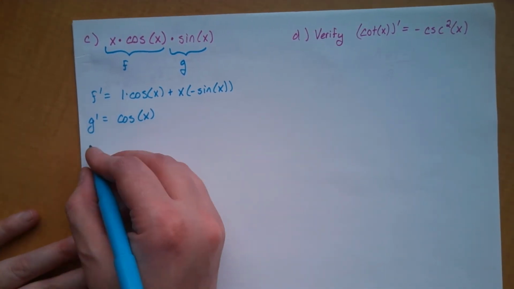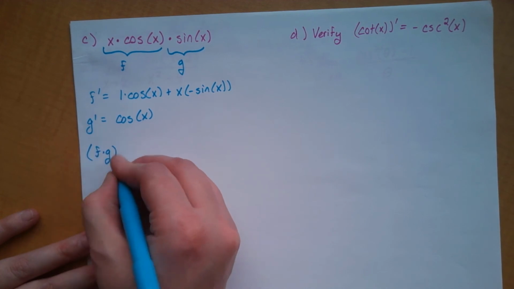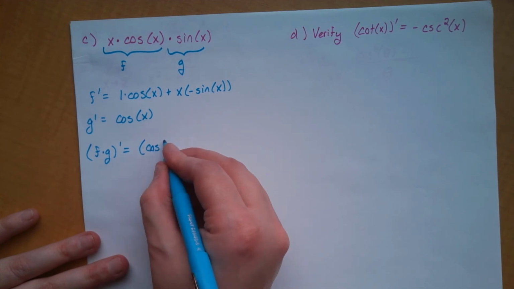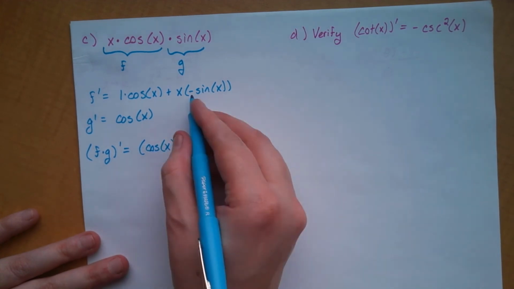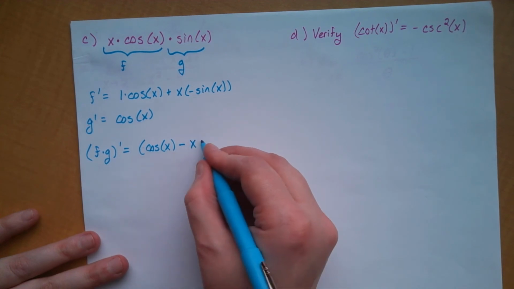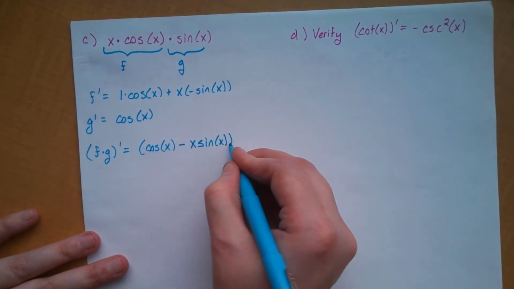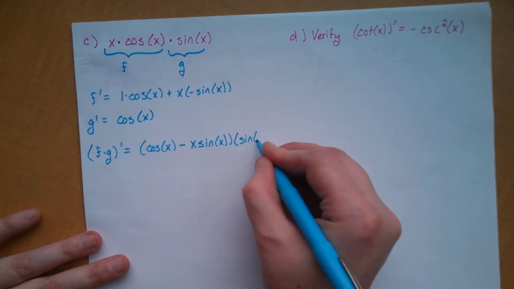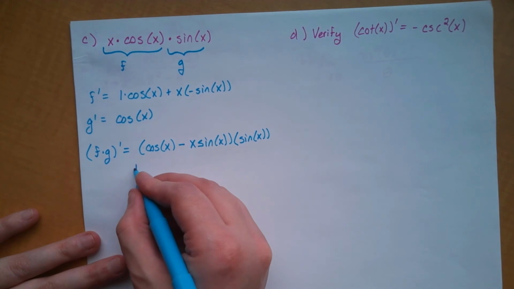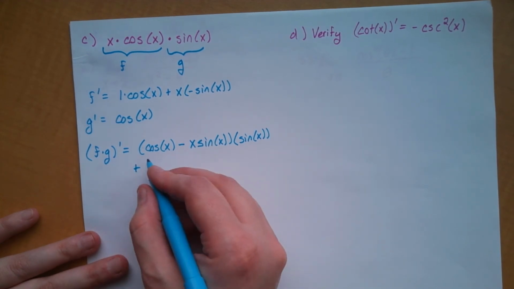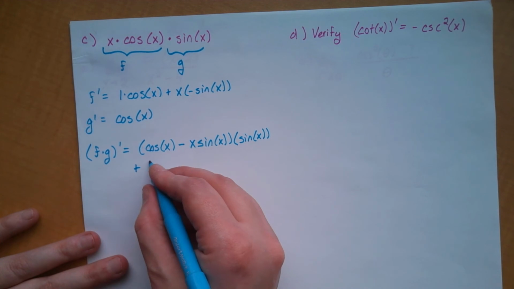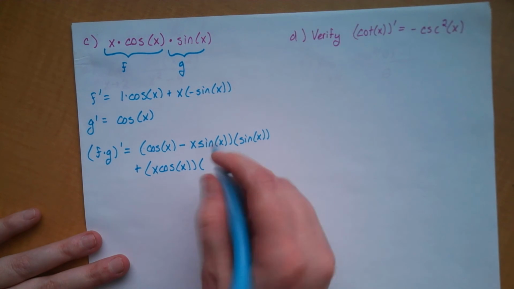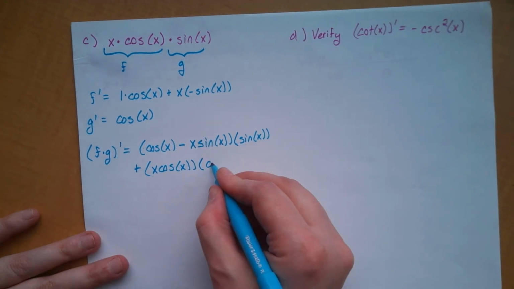So when I'm finding the derivative of f times g, that is going to be the derivative of f, which is cosine x, that's going to be negative, so minus x sine x, times g left alone, plus, then we're going to leave f alone, so that's going to be x cosine of x times the derivative of g, which is cosine.